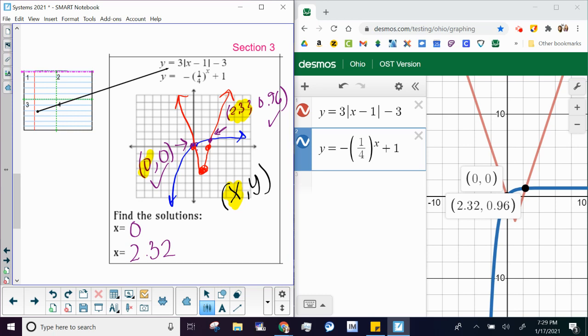So pause your videos and make sure you have this pretty graph. Make sure you have these nice solutions as both the ordered pairs that we put up here and as just x's down here. And if I were you, I would make sure that I know that it's x and then y, just to be safe.